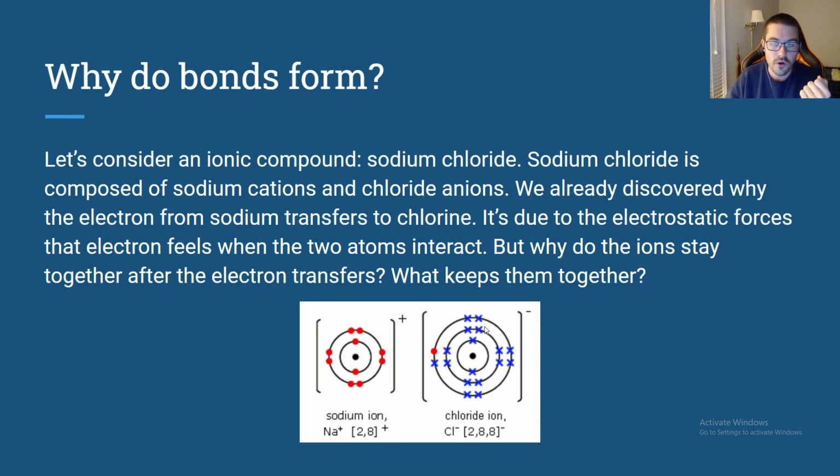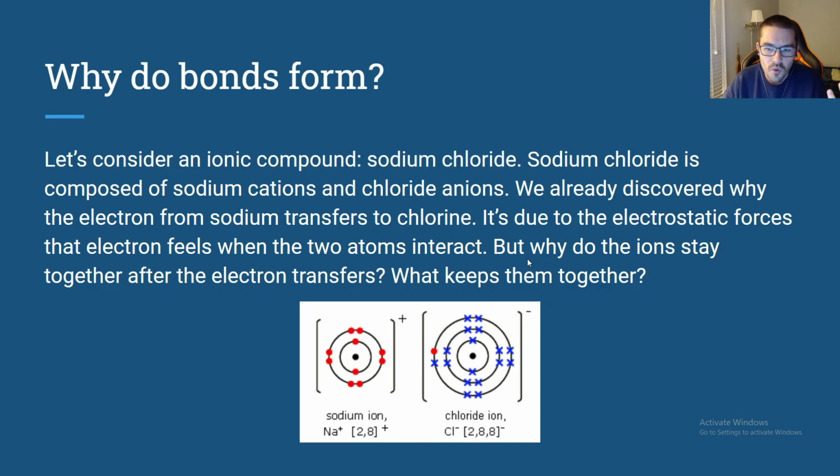It's due to those electrostatic forces that the electron feels when the two atoms get into close proximity with each other. That valence electron in that third energy level hops over because it feels a stronger pull of the chlorine nucleus.